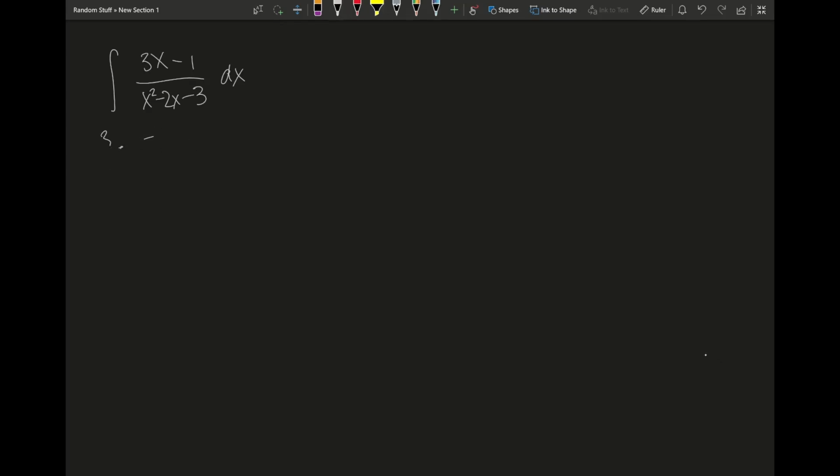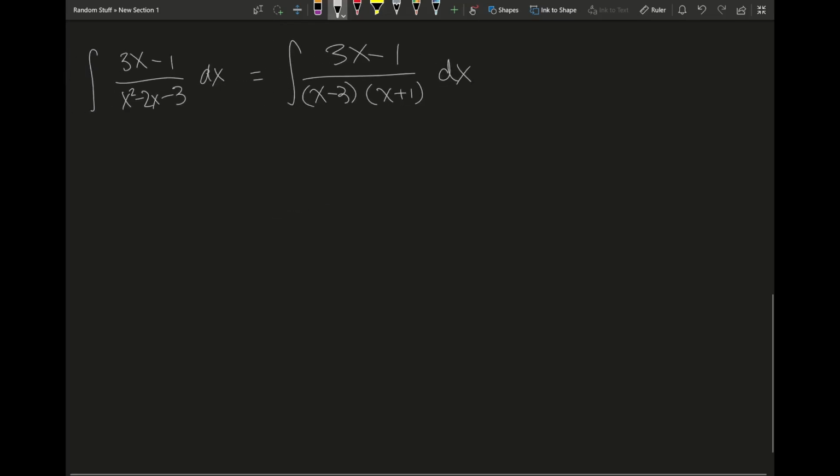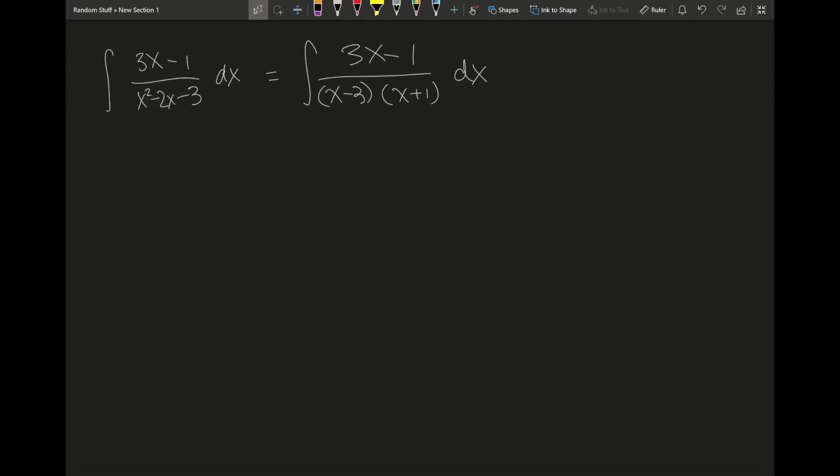So we can't use that. So once again, split it into partial fractions. So 3x minus 1 over the bottom, which turns into (x minus 3)(x plus 1). Simple. And then we split it.